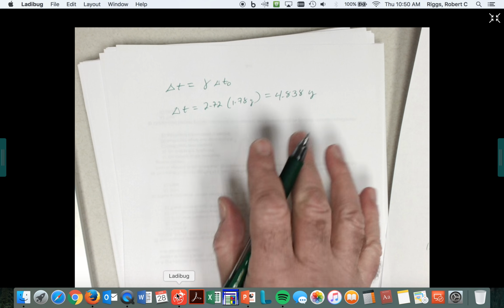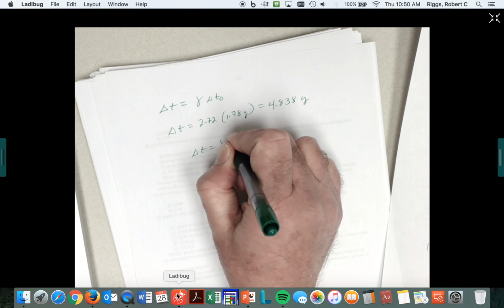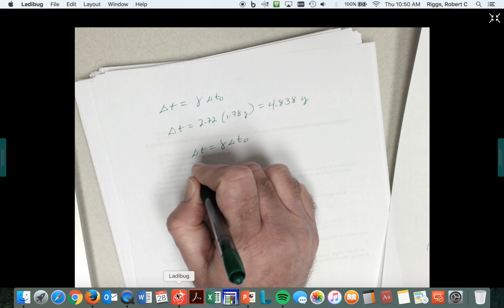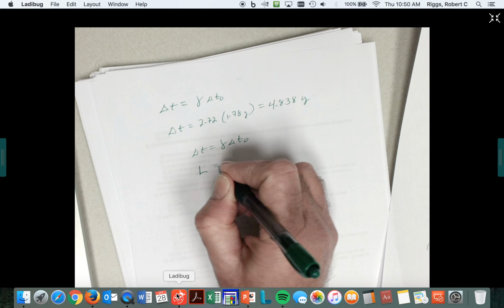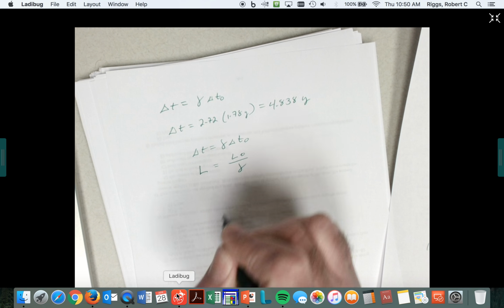So here you go. Dilated time, delta t, is equal to gamma times delta t naught. The contracted length is equal to L naught divided by gamma.